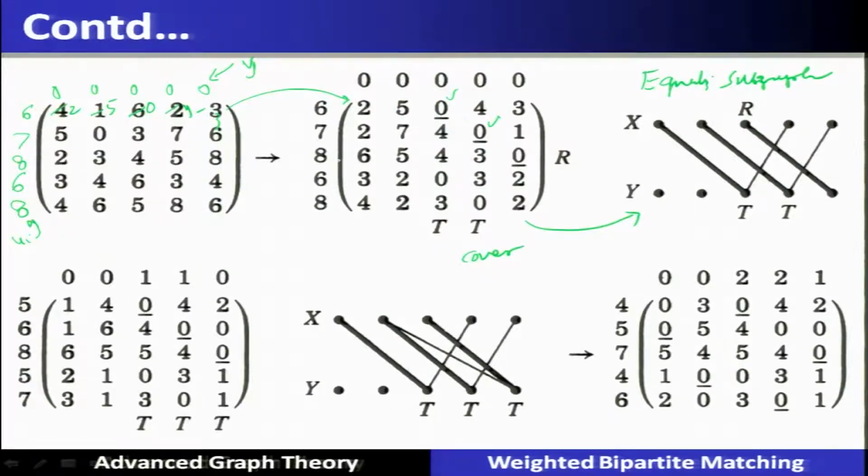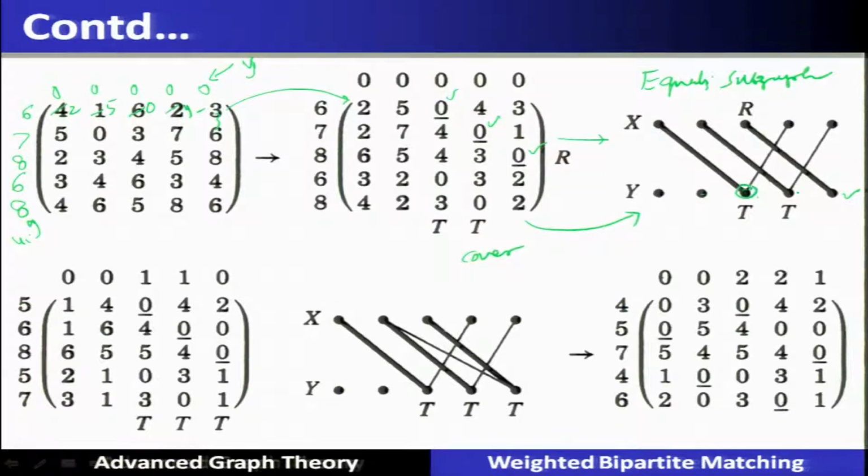Similarly, this edge will be added second row and 1, 2, 3, 4. So, this particular edge is added. Similarly, this edge will be added, and then this edge will be added, and finally this edge will be added. So, from this particular graph we will obtain an equality subgraph of all the elements which are placed with the 0 values. Now, we have to find out a cover.